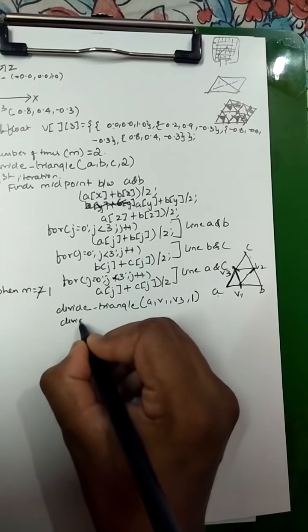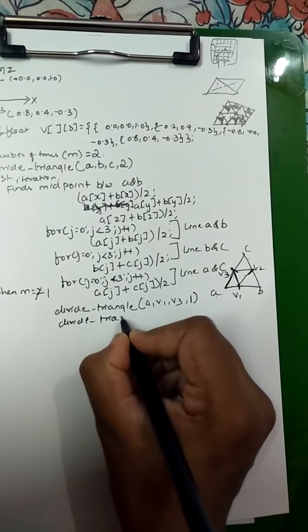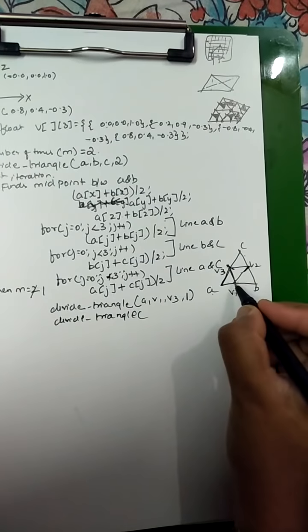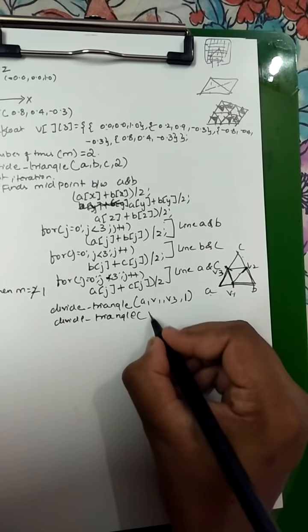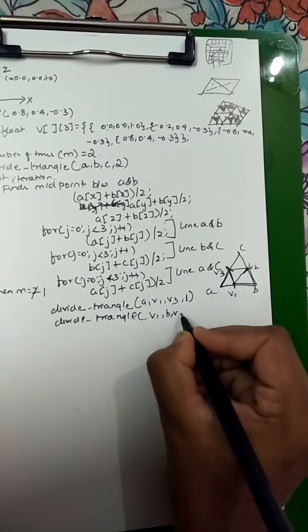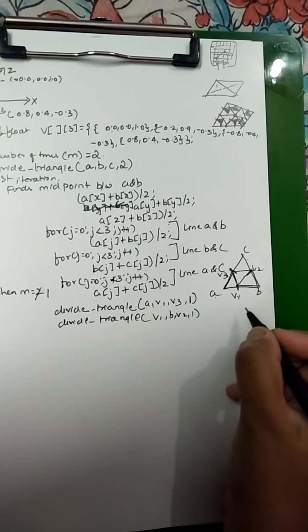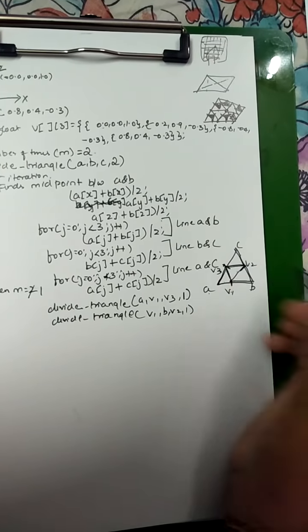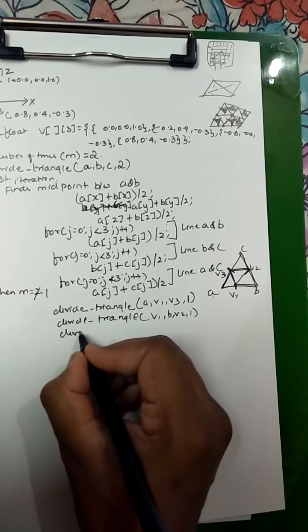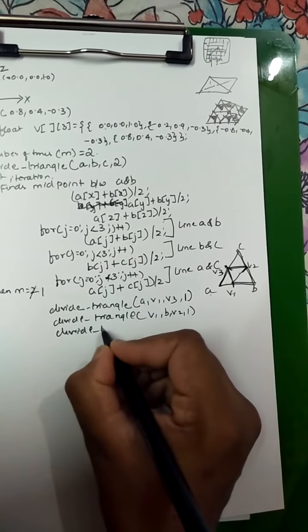Next I have to call divide triangle V1, B and V2. V1, B and V2. One more iteration. And V3, V2, C. Divide triangle.